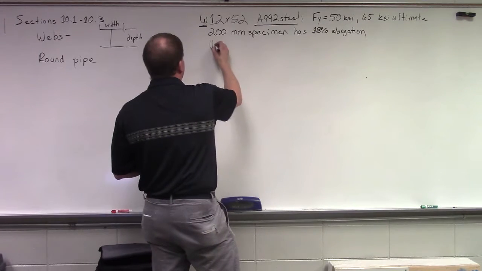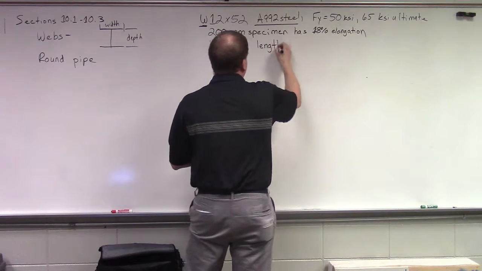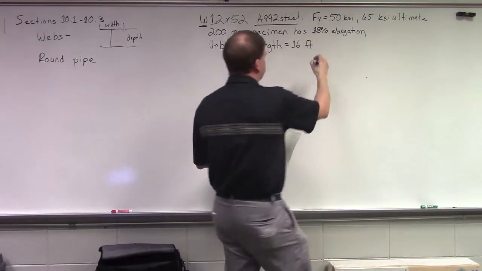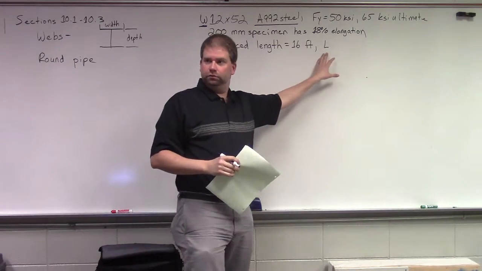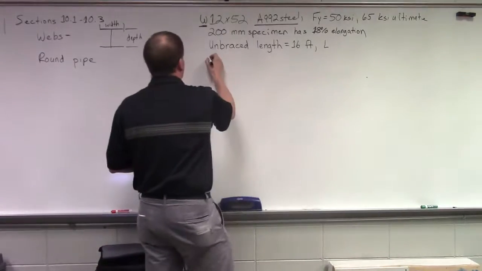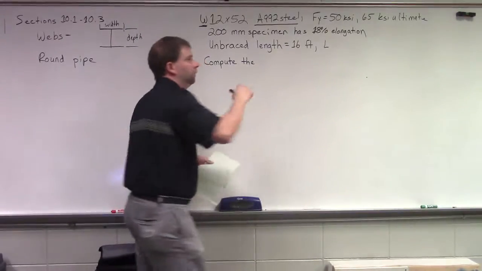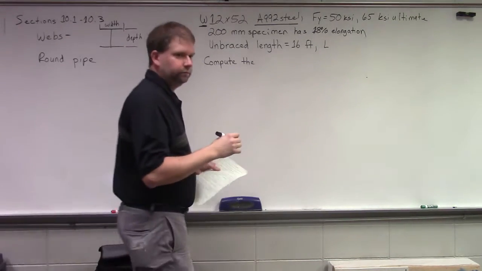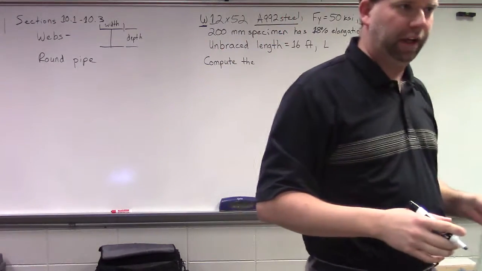The other things that we know, our unbraced length equals 16 feet. Remember that your unbraced length is your capital L. When you give us our unbraced length, will you identify if it's Y or X? There won't be ambiguity as to whether you're determining radius of gyration about the x-axis or the y-axis.